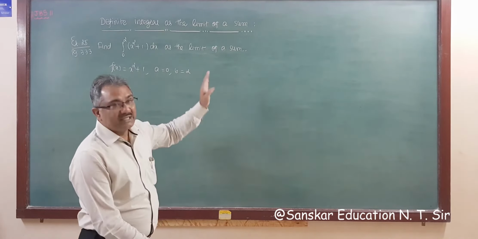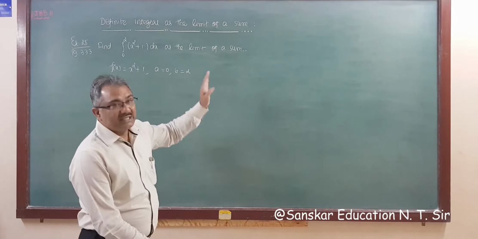So b is 2, a is 0 and n is as it is. So we get h is equal to 2 by n, that is nh is equal to 2.